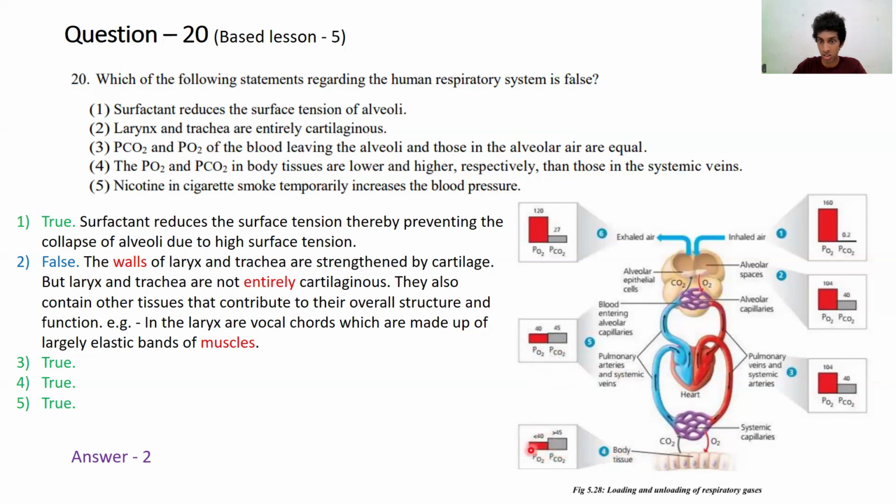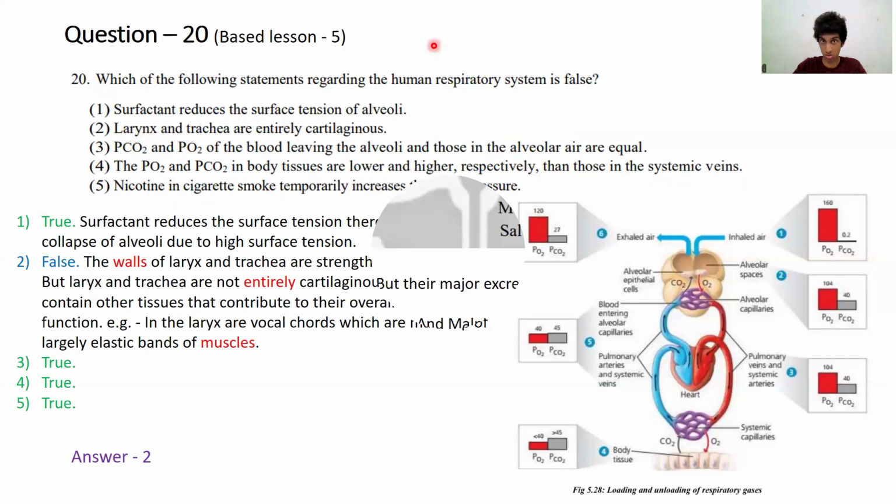That means it is less than the value in the systemic veins, and the PCO2 level is greater than 45. That means the PCO2 level is higher than the value in the systemic veins. So therefore, the fourth statement is correct. 5. Nicotine in cigarette smoke temporarily increases the blood pressure. Yes, that's true. Nicotine is the addictive drug in cigarette smoke, and it temporarily increases the blood pressure. So the false statement was the second one. So the correct answer is 2.